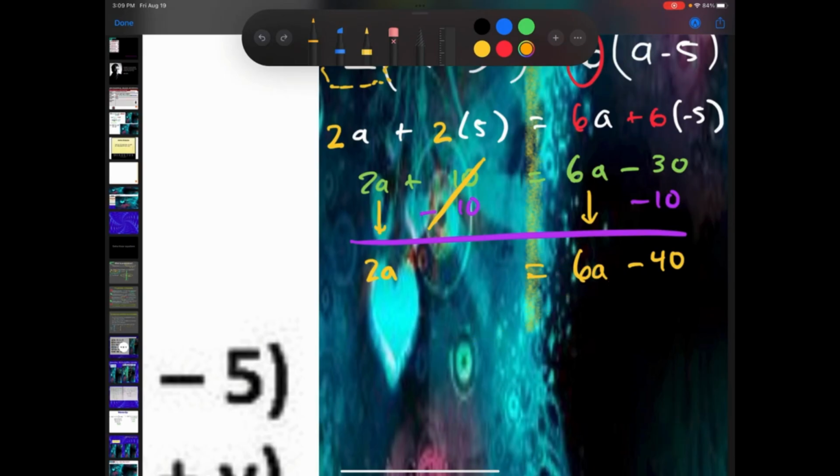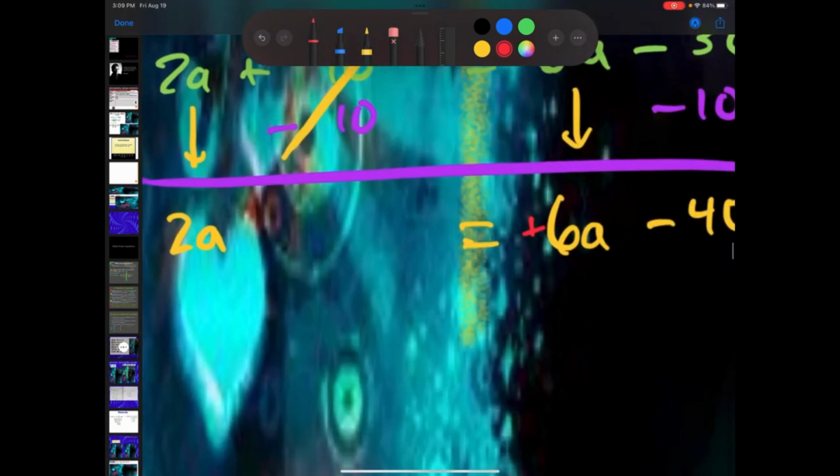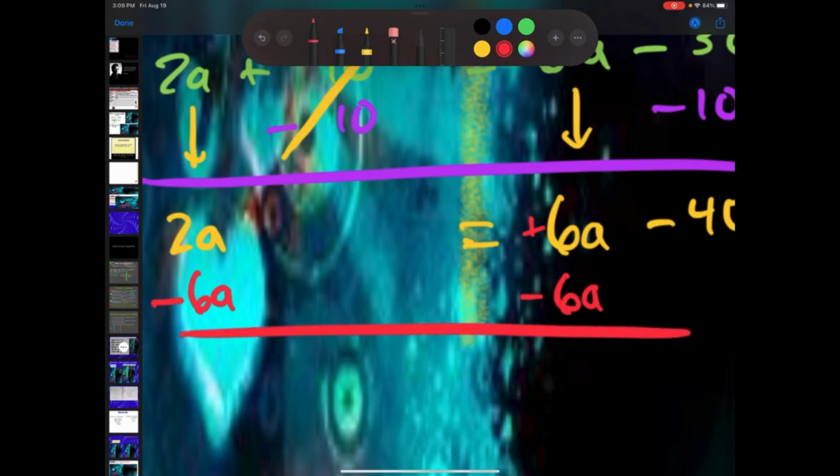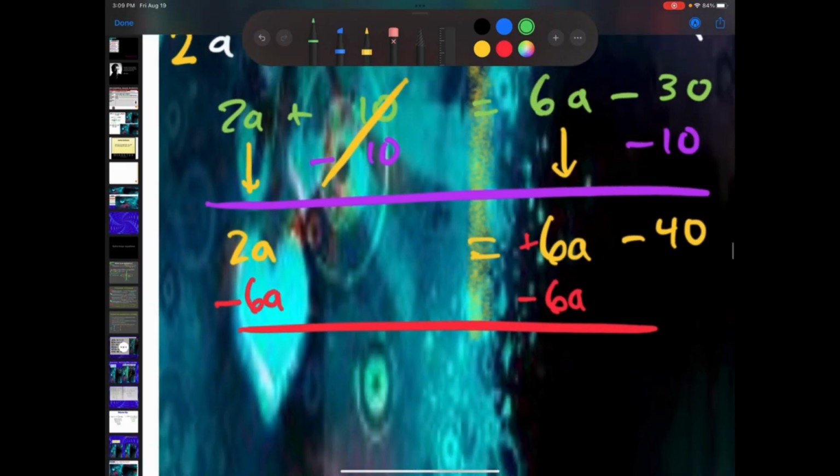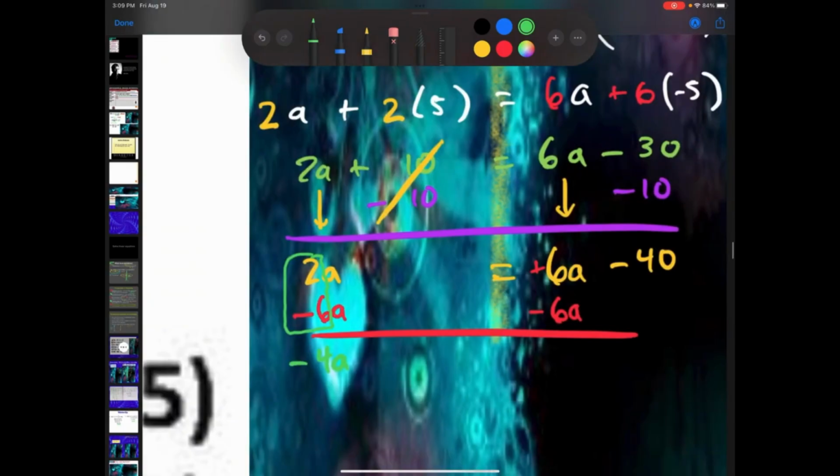It's positive. So we need to do the opposite, which means minus 6A. If I do it to first period, I need to do it to sixth period. Okay, class, what is 2 minus 6? Negative 4A. And then over here, I have what? Negative 40.